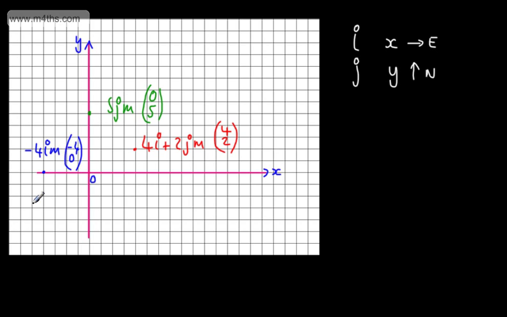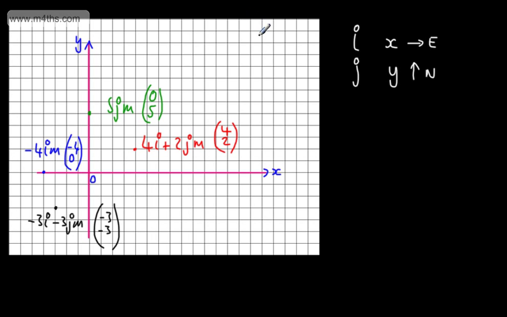Let's put another one down here. This is going to be negative 3I minus 3J meters, and as a column vector we could write this as negative 3, negative 3. So all we're doing is looking at the position of the particle relative to a fixed origin using I and J notation.